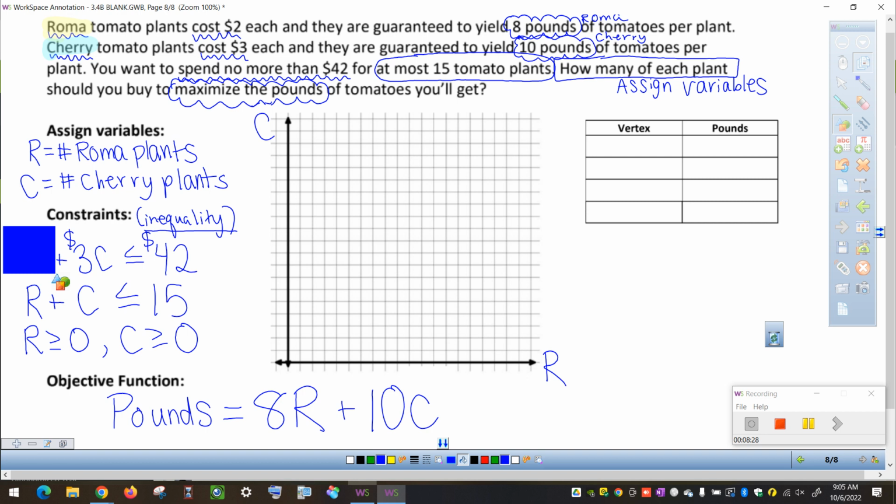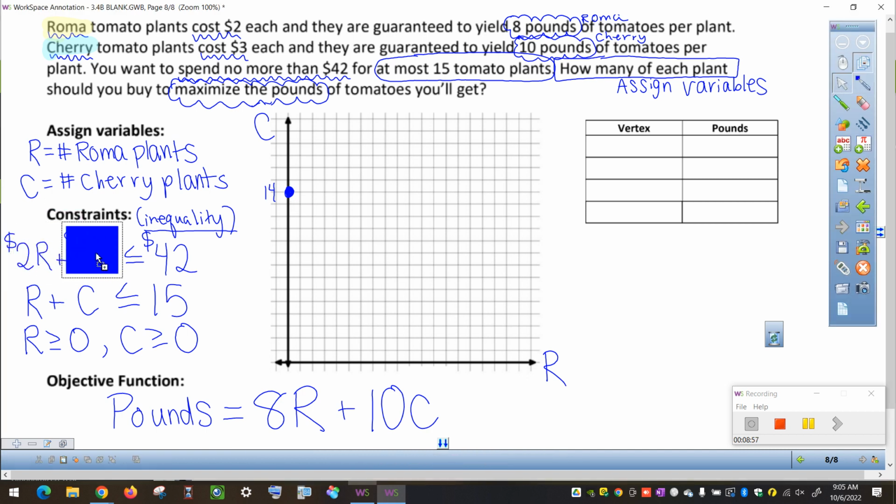Well, if you divide both sides by 3, 42 divided by 3 is 14. So on the C-axis here, I'm going to count up 1, 2, 3, 4, until I get to 14. Okay, so I'm going to label that as a 14 off to the side and also plot a point.